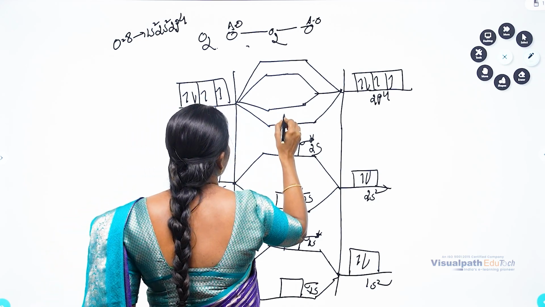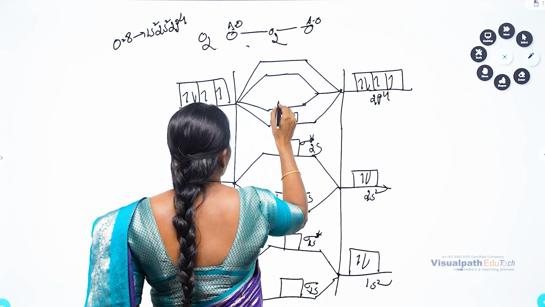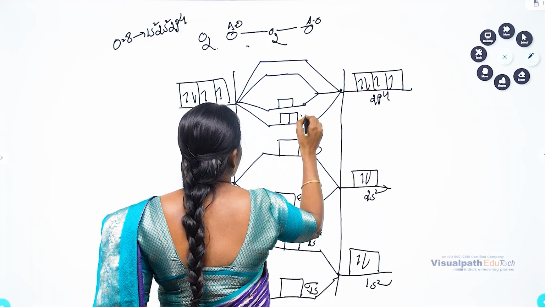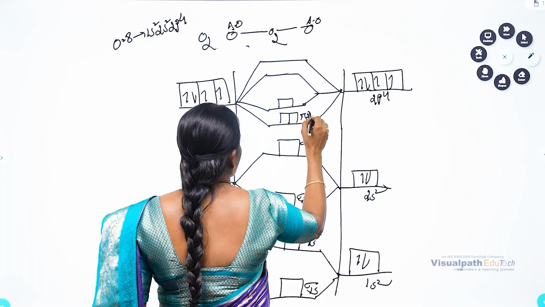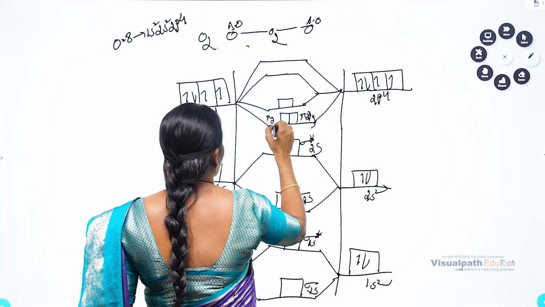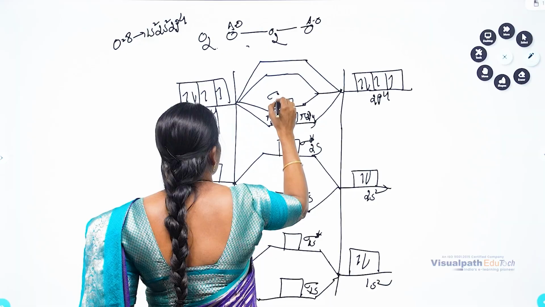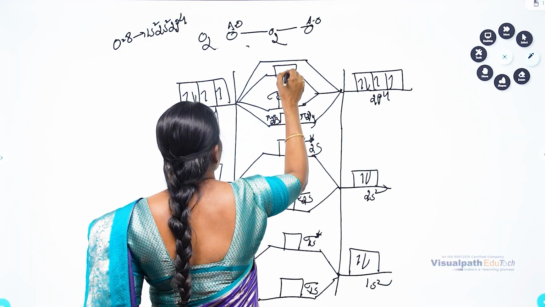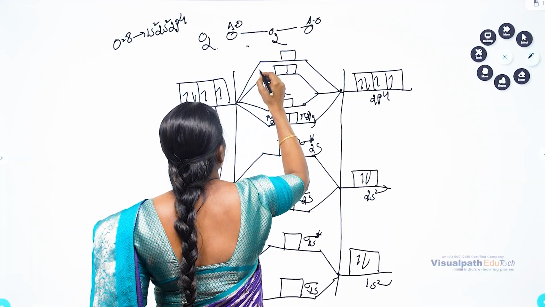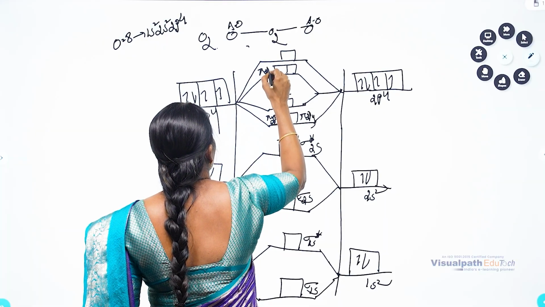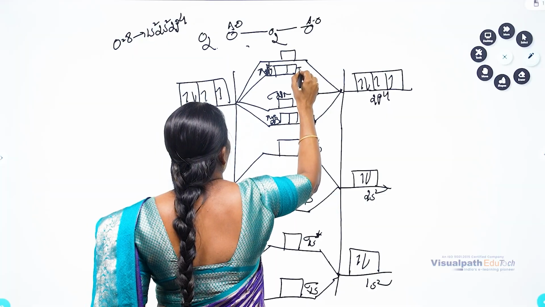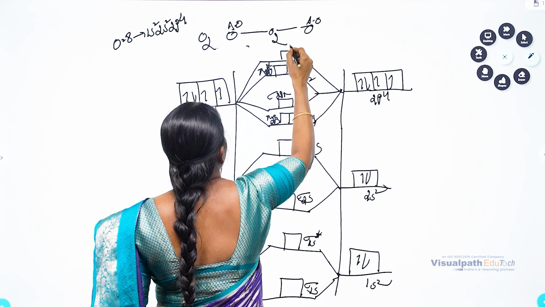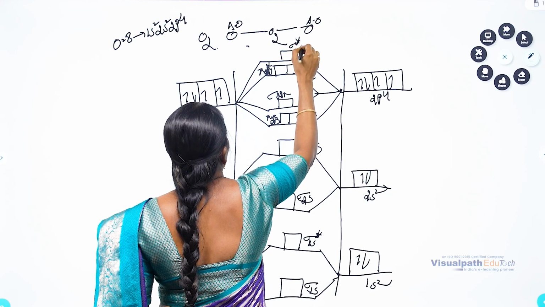And here pi 2py, pi 2pz, sigma 2px. It is anti-bonding of 2p, anti-bonding of 2pz, and here it is the anti-bonding of 2px.